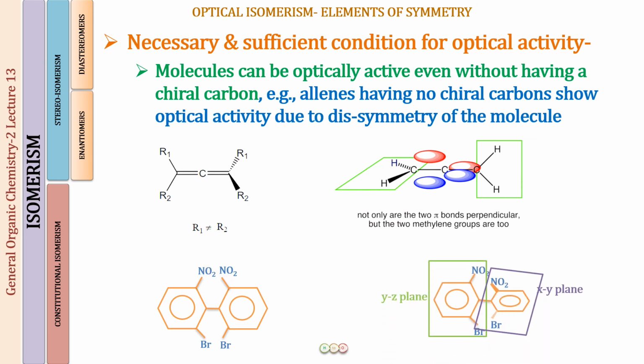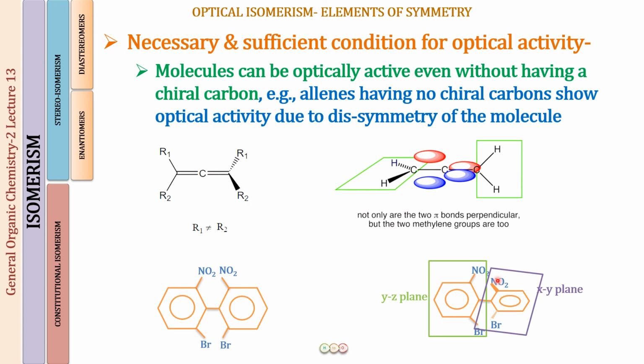So they get oriented in such a way that one of the phenyl groups is oriented in one plane and the other is oriented in the other plane. So again what we find is that these will not have a plane of symmetry, they will not have a center of symmetry. This molecule is also dissymmetrical, hence the biphenyls also show optical activity.